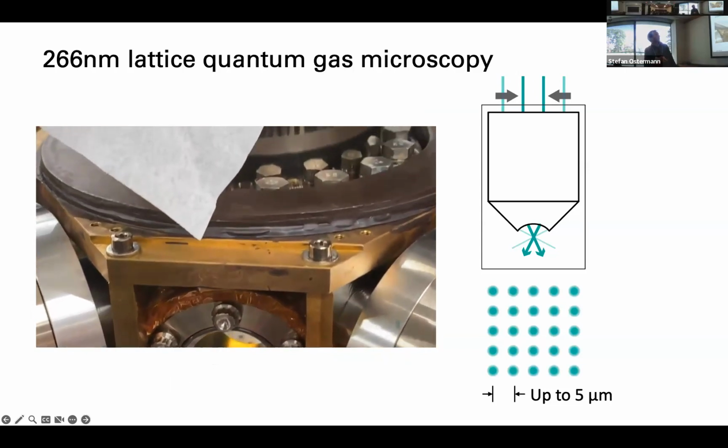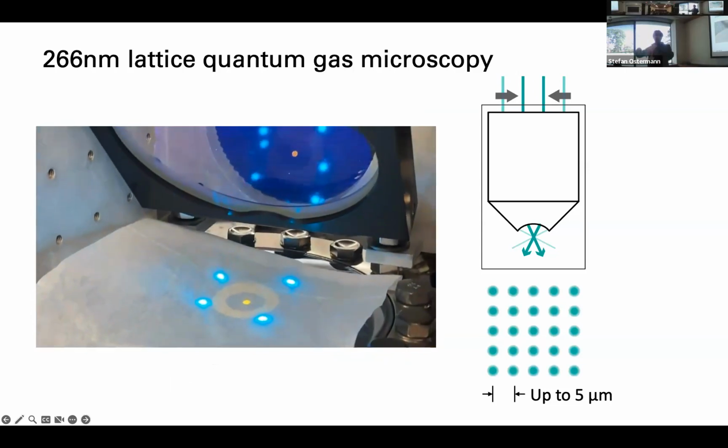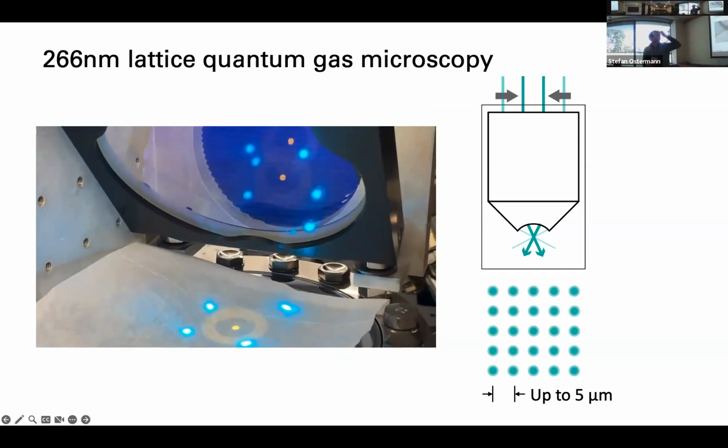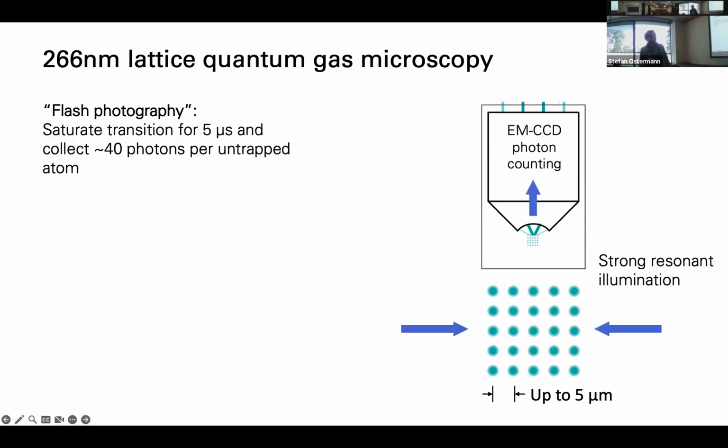Here you can see how this looks if we change in Fourier space the distance between the beams that go through the objective. We actually use a galvo mirror, the kind of mirror that you find in a laser show, for example, to move these beams.